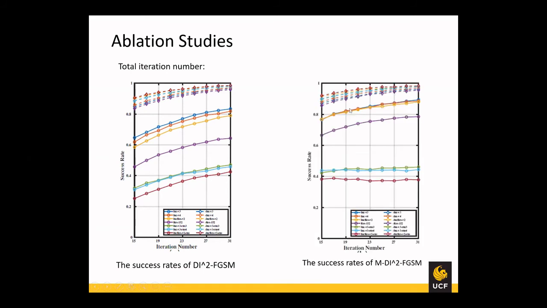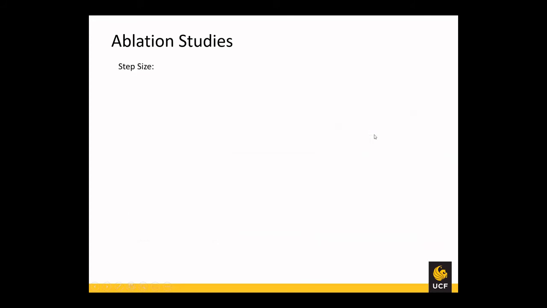However, if we switch to MDI square FGSM, in the case of adversarially trained models and black box setup, the success rates are not affected by the total number of iterations. In every other case, the success rates are always increasing. In the case of white box setup, and in the case of black box setup with models that are not adversarially trained, the success rates are always increasing.